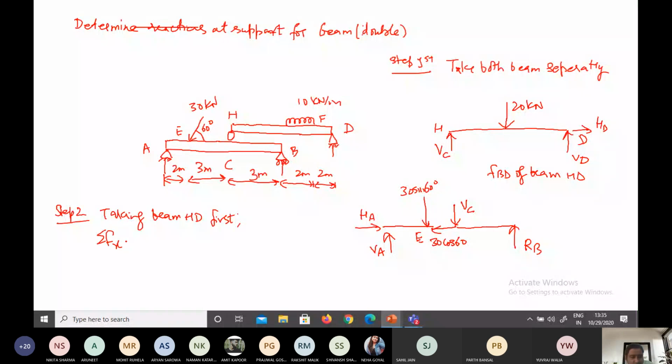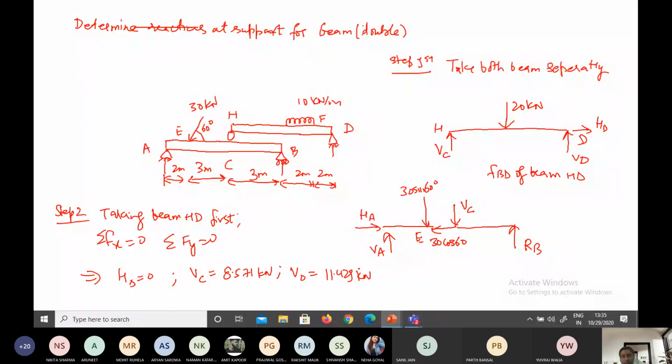Apply Fx, Fy. So when you apply Fx, Fy in the beam HD, you will find HD is equal to 0 because there is no horizontal force. And when you solve, VC is coming at 8.571 and VD is coming as 11.429 kilonewton.